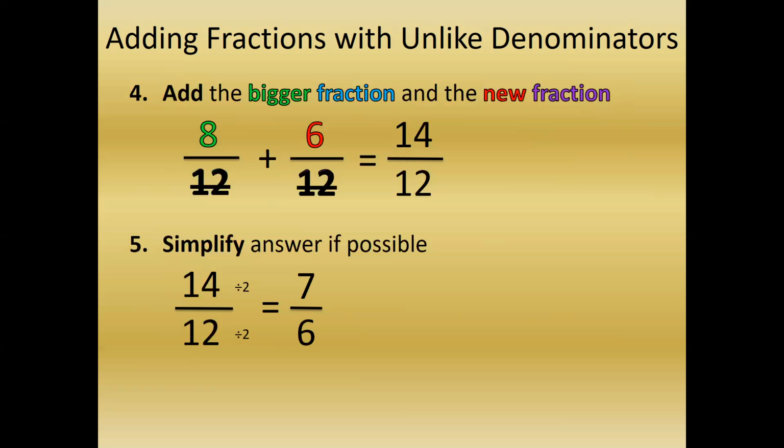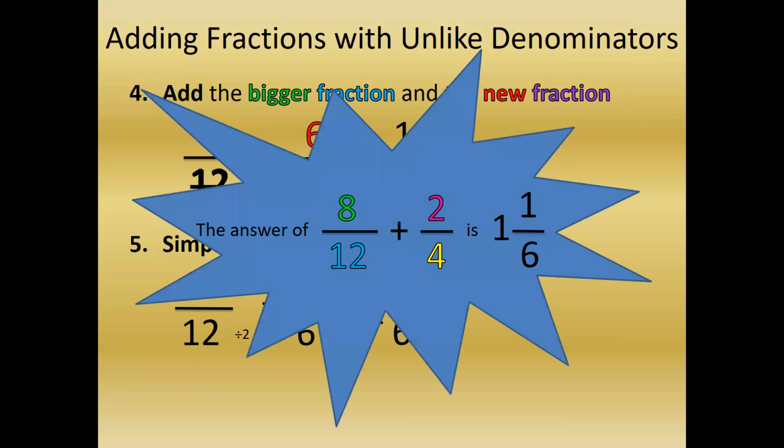So 7 divided by 6, we'd only be able to get one 6 into 7. And how many would be left over? 1. So that means we have 1 whole and 1 left over. So it'd be 1 and 1 over 6. So the answer of 8 over 12 plus 2 over 4 is 1 and 1 over 6.